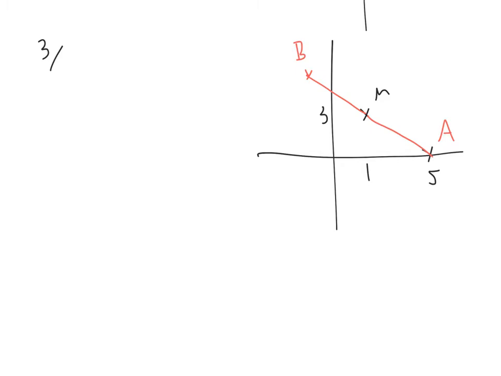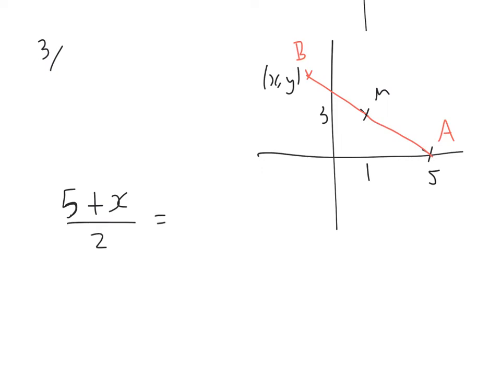Well, let's look at the x coordinate. Let's call B (x, y), because we don't know what they are. So let's think about how we get the midpoint normally. We would get the average of the x values. So we'd get the 5, the x for the first point, and the x for B, which we're calling x, and we divide that by 2.